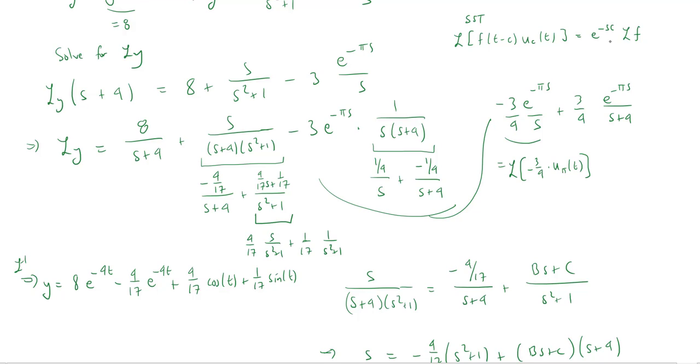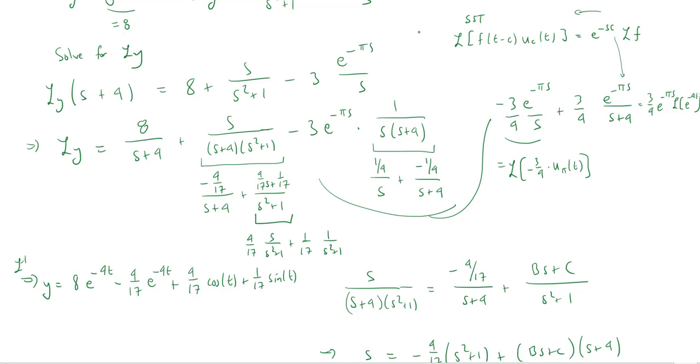Now, we're actually needing to read this from right to left. We have this decaying exponential, and the c is equal to pi. And then you have 1 over s plus 4, all right? So I could rewrite this as 3 over 4 e to the negative pi s times the Laplace transform of e to the negative 4t.